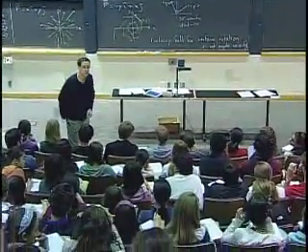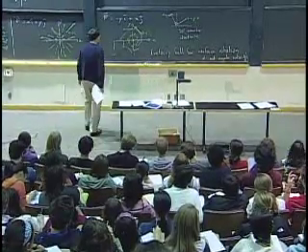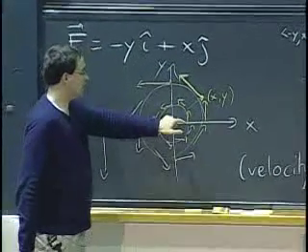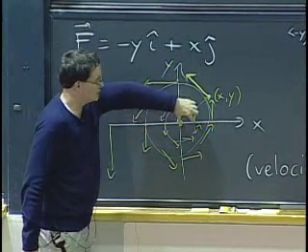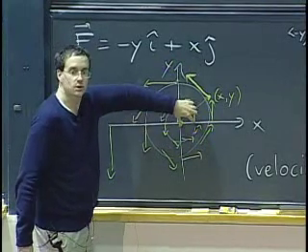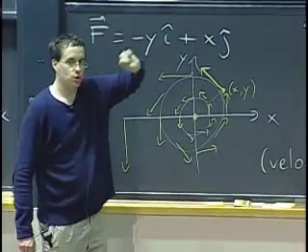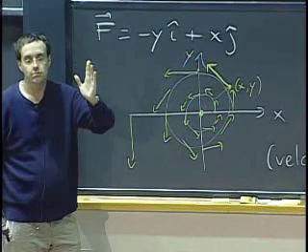How do I know that it's at unit angular velocity? Well, that's because if my angular velocity is 1, then the actual speed is equal to the distance from the origin. Right? Because the arc length on a circle of a certain radius is equal to the radius times the angle.